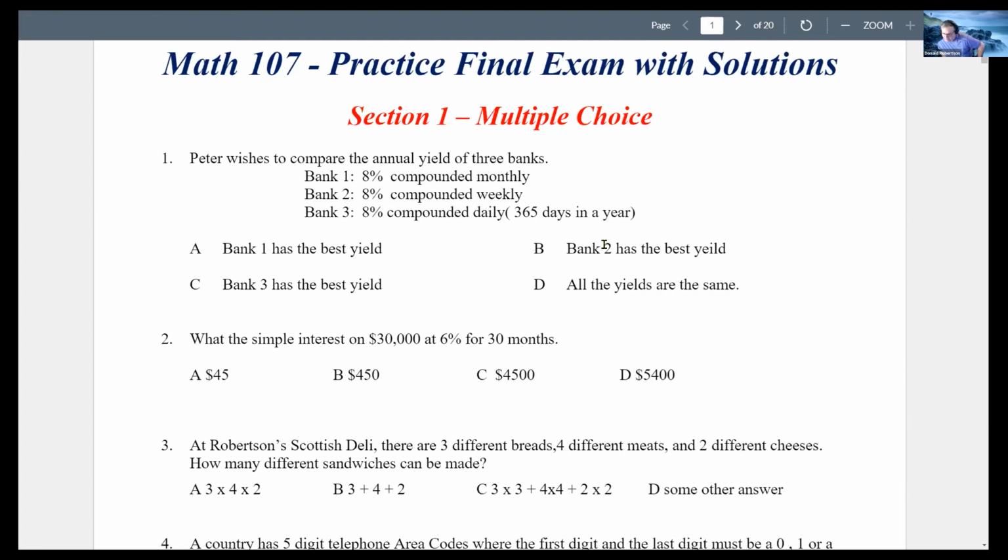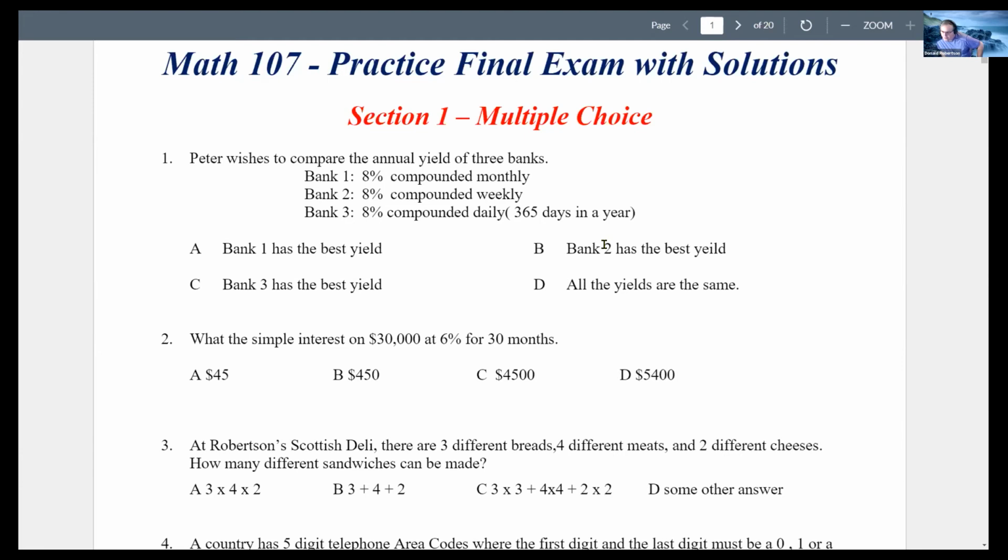Well, you would get the answer eventually. It would take you more than 5 minutes, right? But you would get the answer eventually. What is the right answer? You should be able to do it just looking. A, bank 1, bank 2, or bank 3? Which is the best? Bank 3. You're correct. Why is it 3?